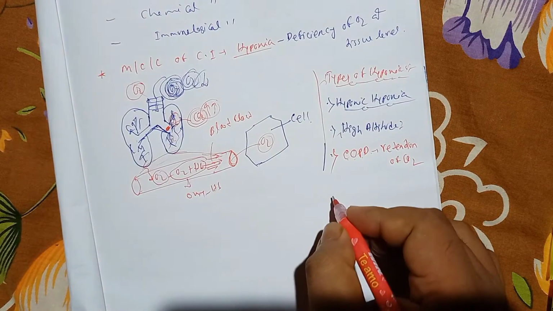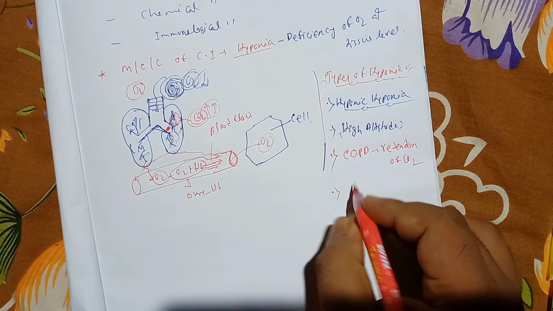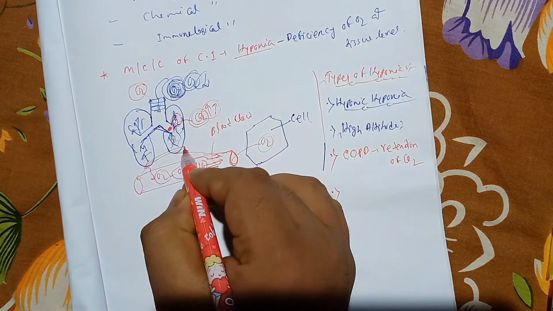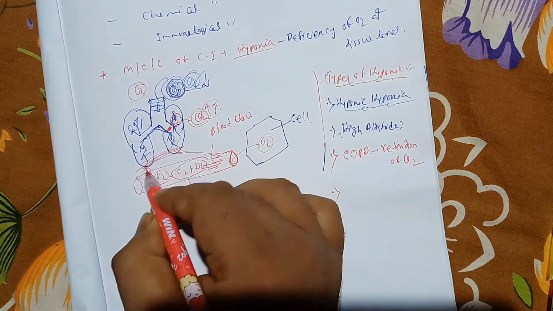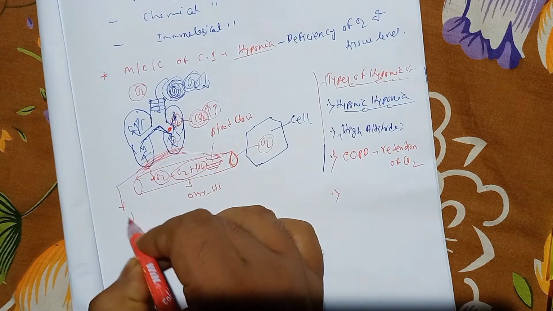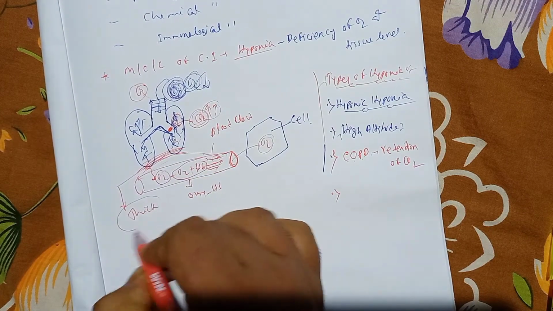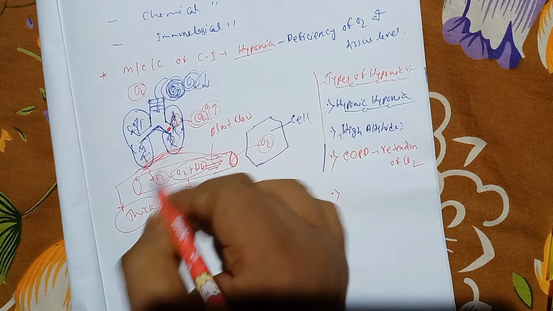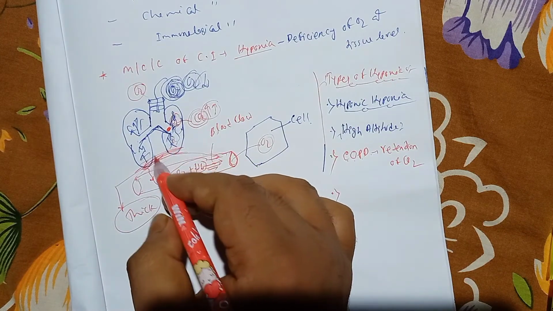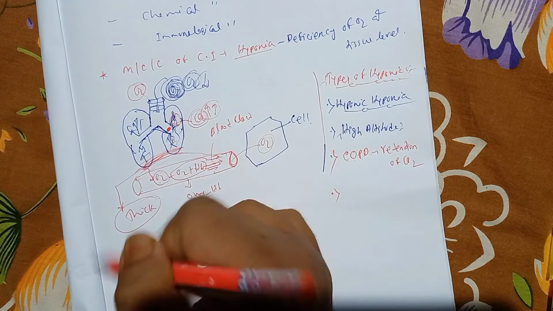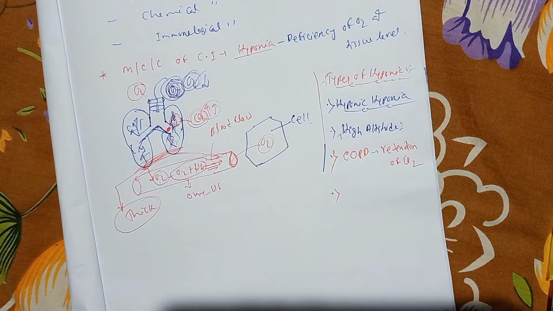Then there is one more thing, that is interstitial lung disease. Suppose the membrane is too thick, then it is not possible for the oxygen to come easily from here to here through a thick membrane.